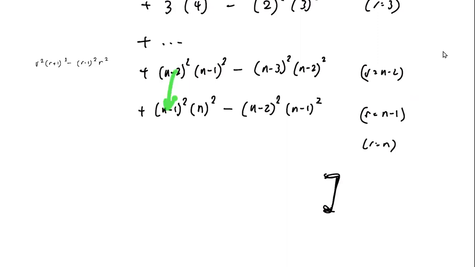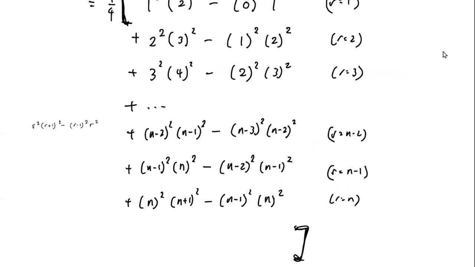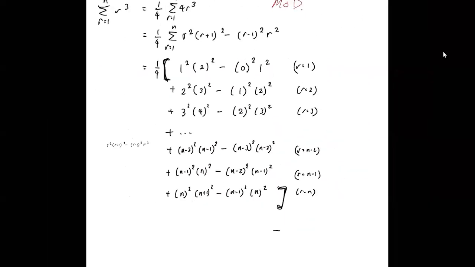So the pattern repeats, plus 1, plus 1, plus 1, plus 1. And finally, plus 1, plus 1, plus 1, plus 1. Okay, good. Sorry, the close bracket, I should move up a bit.